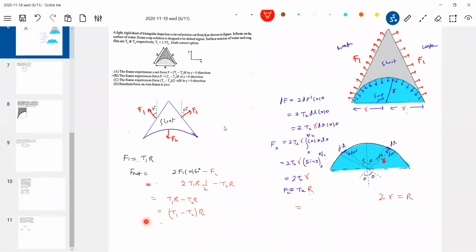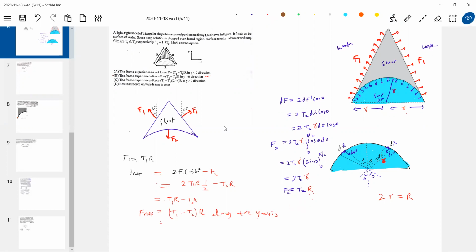So how will it be directed? Just notice here. So T1 will be greater than T2. Therefore, shall we pick up this option, along the positive y-axis?